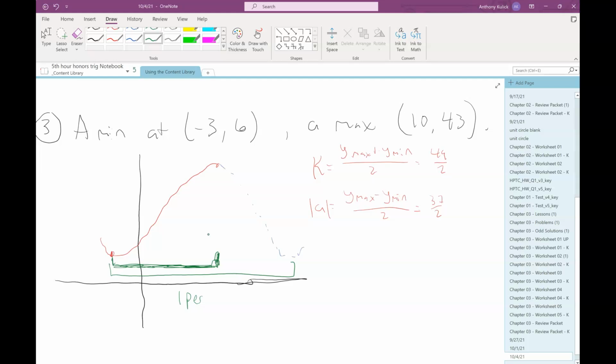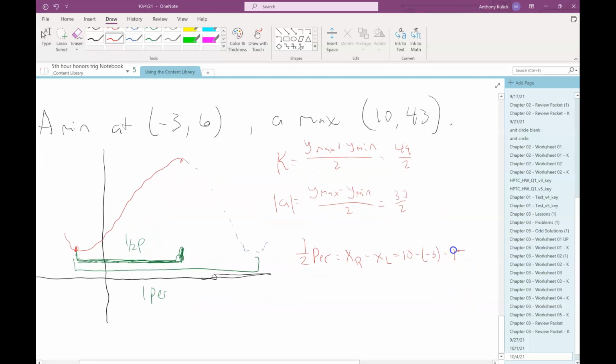Everybody agree with that? So I know 1/2 the period is going to equal the x-coordinate from the point on the right minus the x-coordinate from the point on the left. Everybody's okay with that?